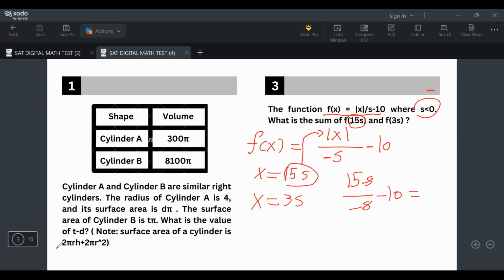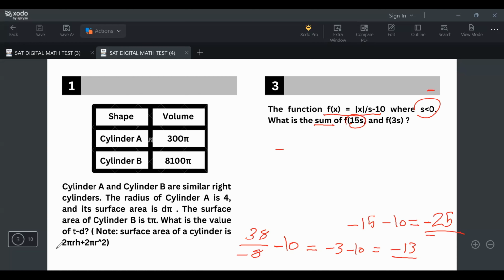Let me clear up some space here. So negative 13 plus negative 25 is equal to negative 38. So the answer is negative 38.